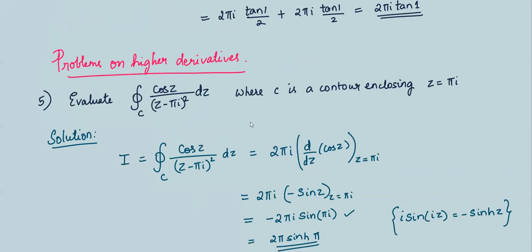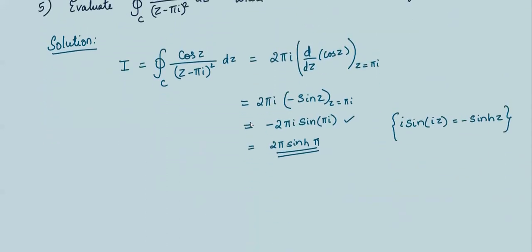Now let's do the next one, a very similar question. Now evaluate the integral of (z power 4 minus 3z square plus 6) upon (z plus I) the whole cube dz.